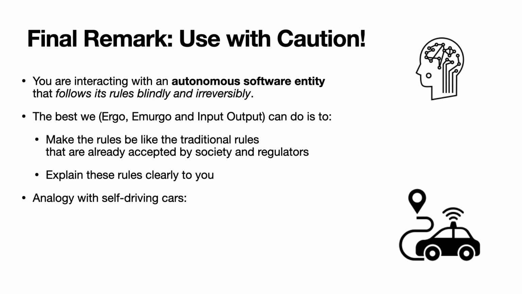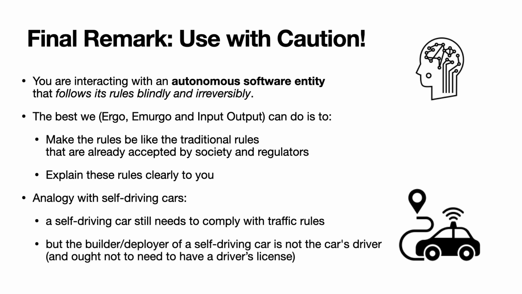So we can make an analogy with self-driving cars, you know. A self-driving car still needs to comply with traffic rules, and in our case, we are making our stablecoin in a way that complies as much as possible and as much as we know with the rules.